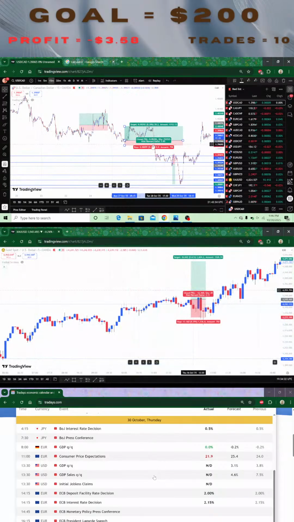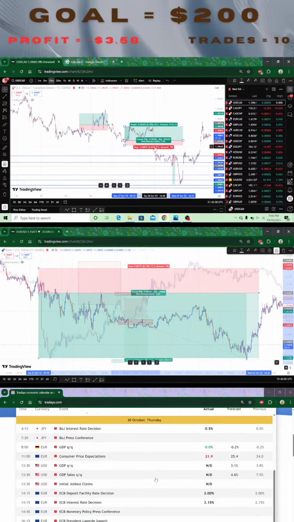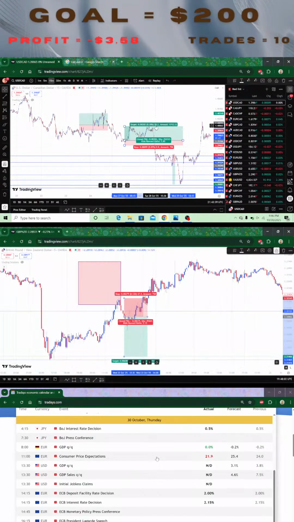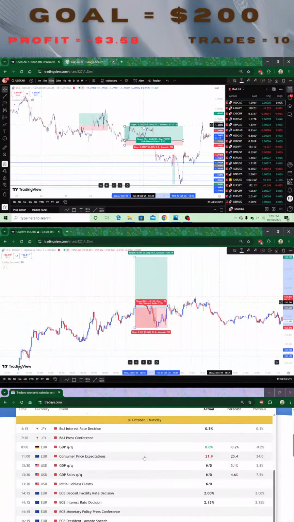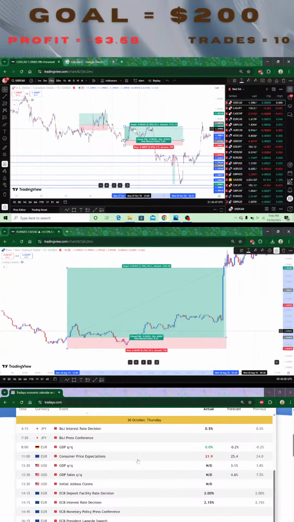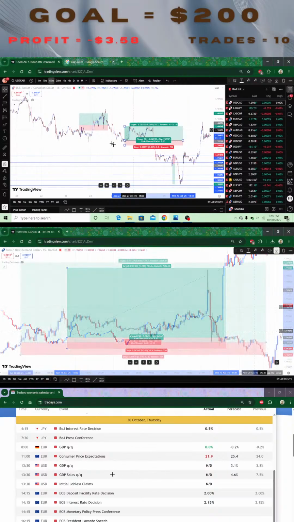So the stop loss is risking 99 pips, while the take profit is taking profit of 282 pips, which is more than 1:2. So that means this is a profitable trade, a good trade. That is just a simple strategy.